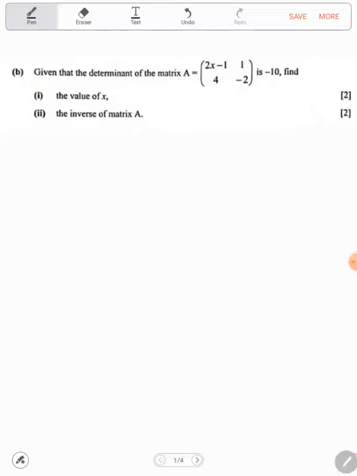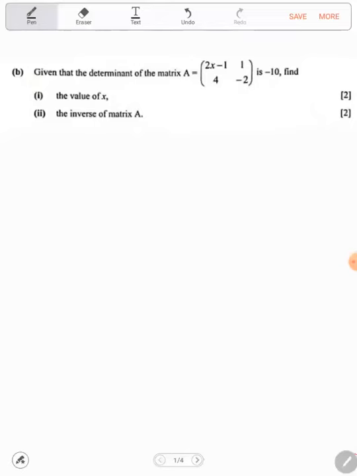Now we have this determinant that is negative 10. So we are saying negative 2 times positive 2x is negative 4x. Negative 2 times negative 1 is positive 2. This is negative 4. This will give us negative 10, the determinant. So I'm just expanding here.